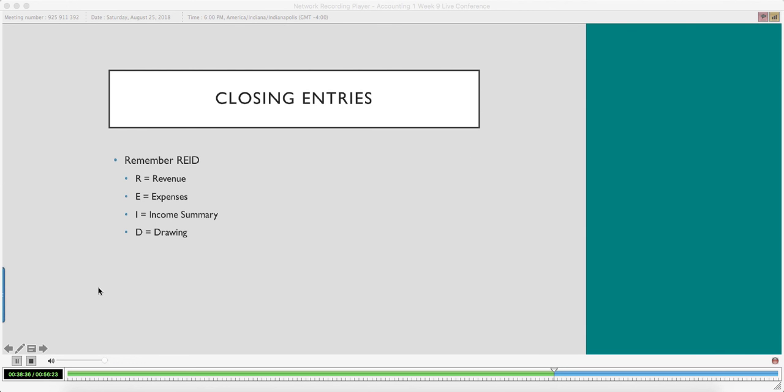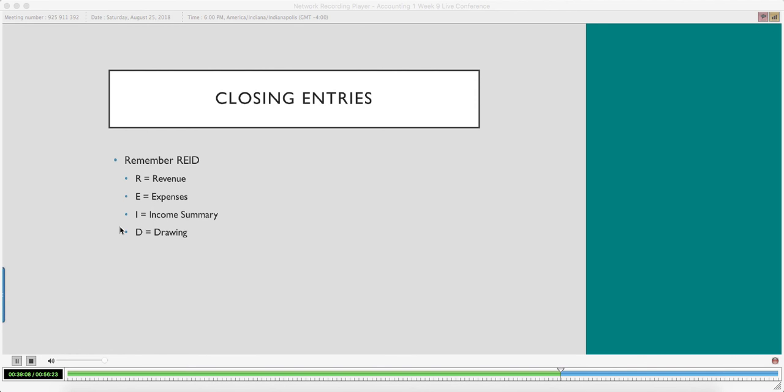So the acronym is READ, where we close our revenues first, then we close our expenses, then we close income summary, and last we close the drawing account. So these are going to be the order that you have to close the accounts in. If you mix up the order, you will have incorrect amounts.